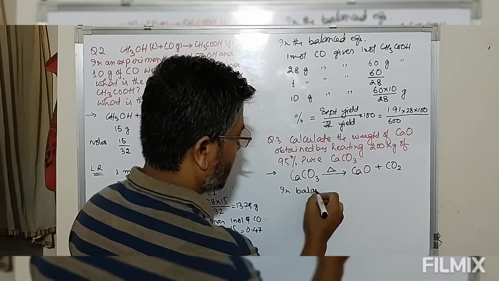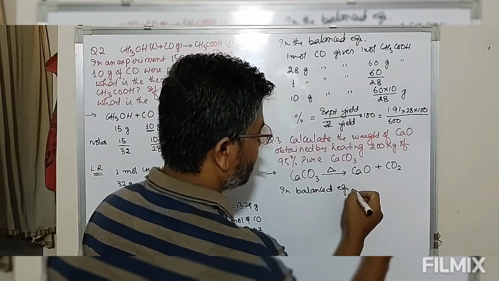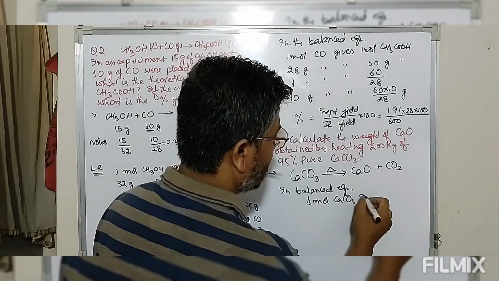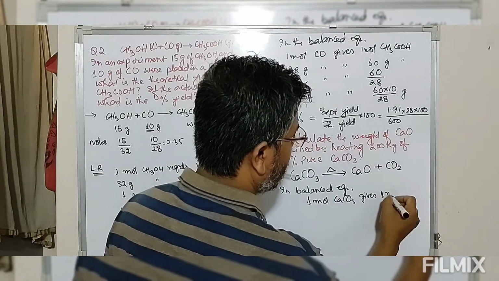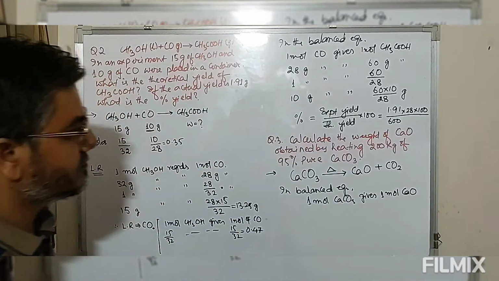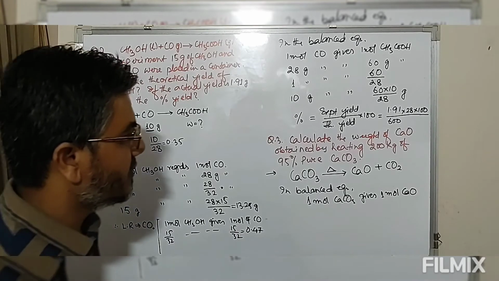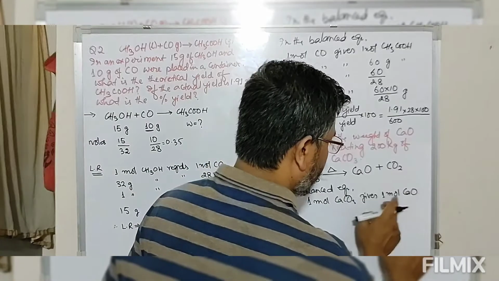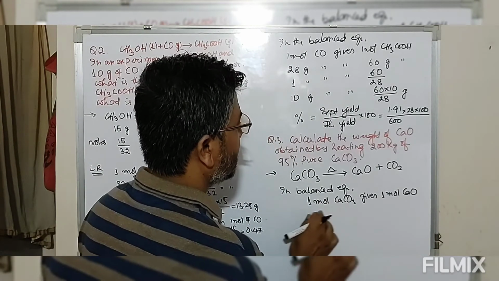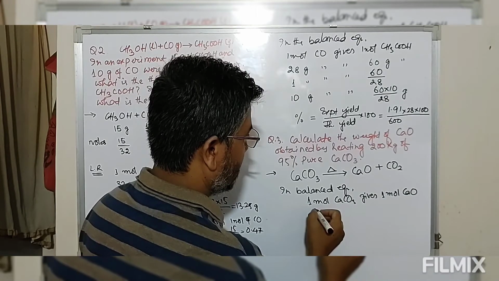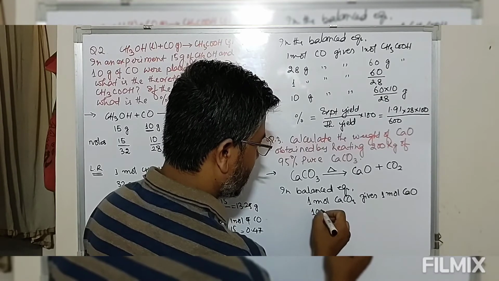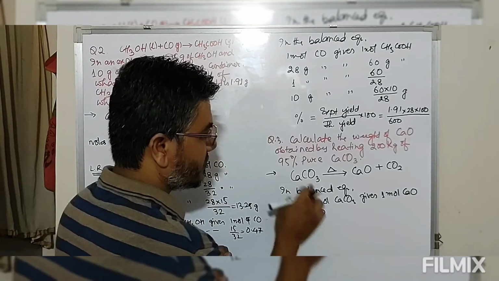In the balanced equation, 1 mole calcium carbonate gives 1 mole calcium oxide. So 1 mole calcium carbonate will give you 1 mole of calcium oxide. The molecular mass of calcium carbonate is 100 grams.